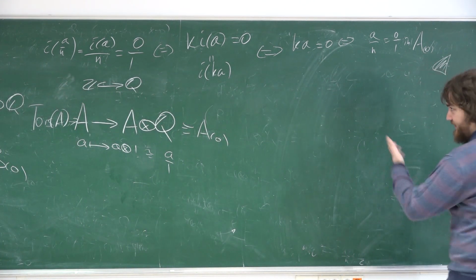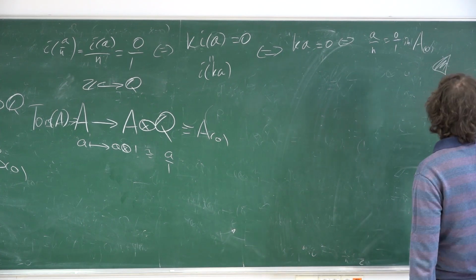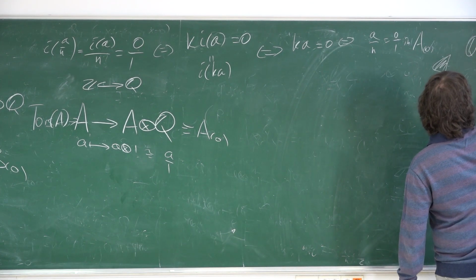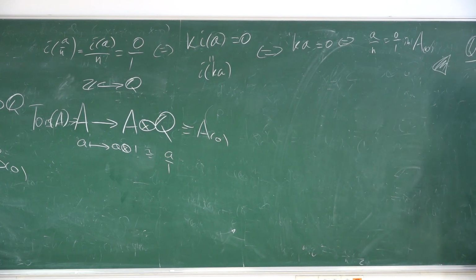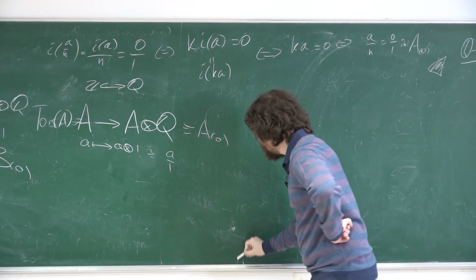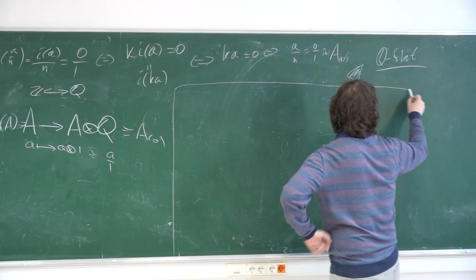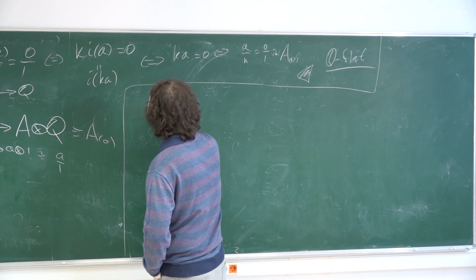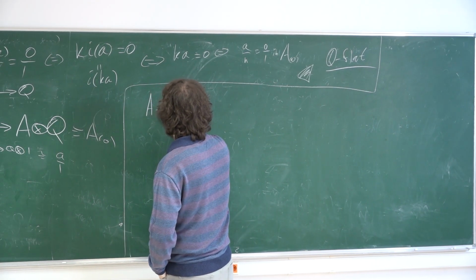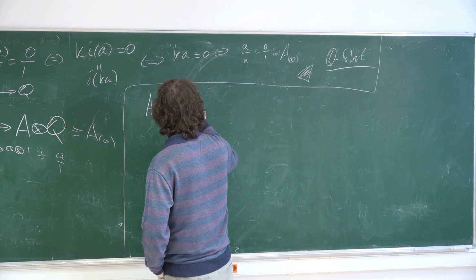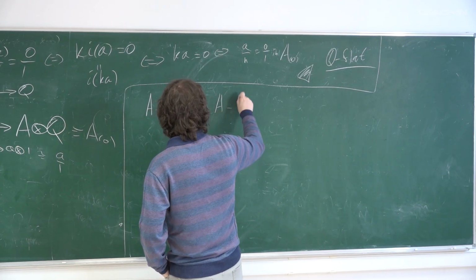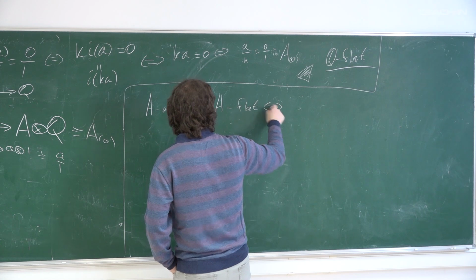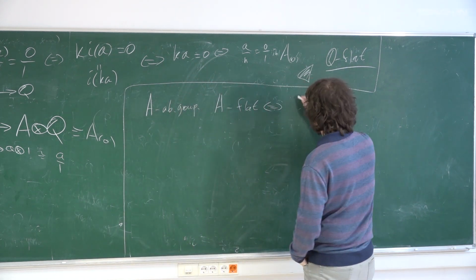Now we proved that Q is flat. Now let's prove the following thing: A is an abelian group. A is flat if and only if A is torsion-free.